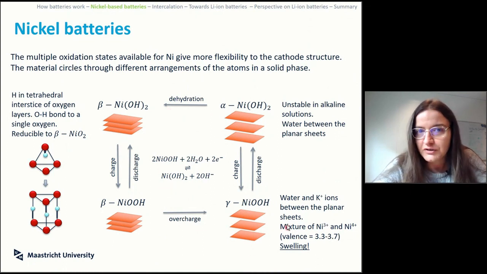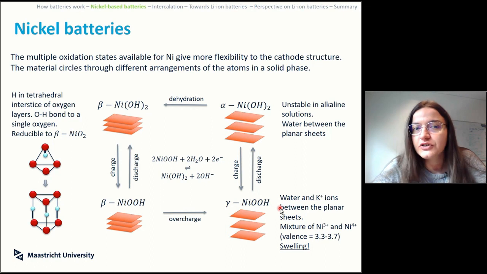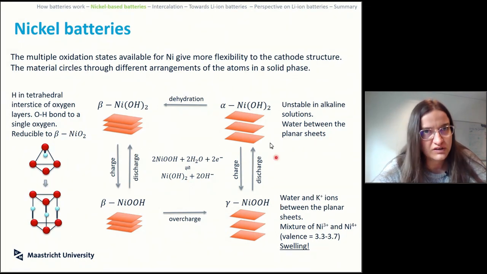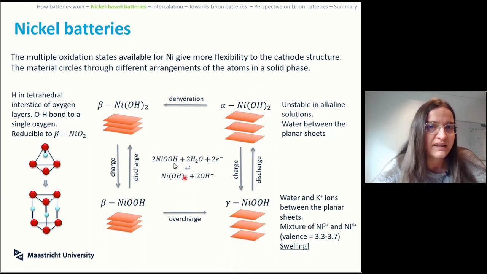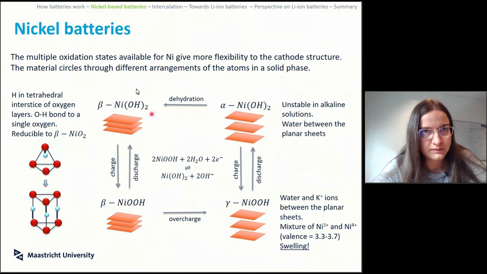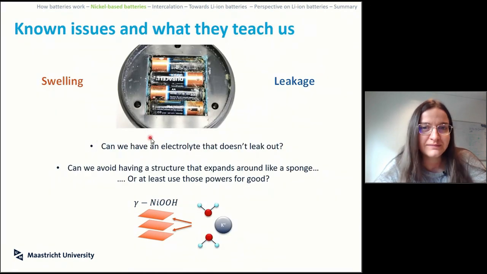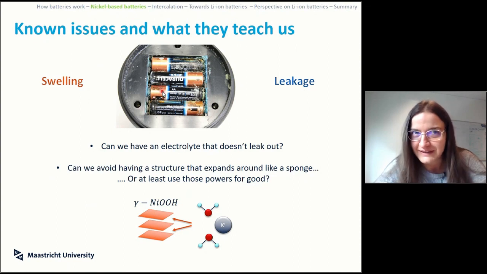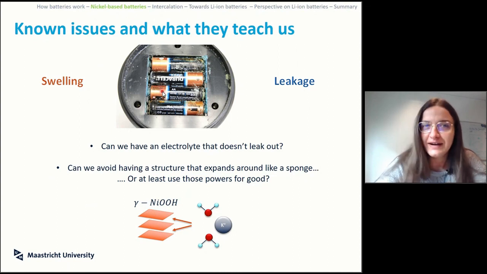So your issue is mostly that as you overcharge, you end up with this sequence of charging and discharging materials that are not your original cathode material, which is this one. Why is this a problem? I don't know if you ever opened a very old electronic piece that had a very old nickel battery.